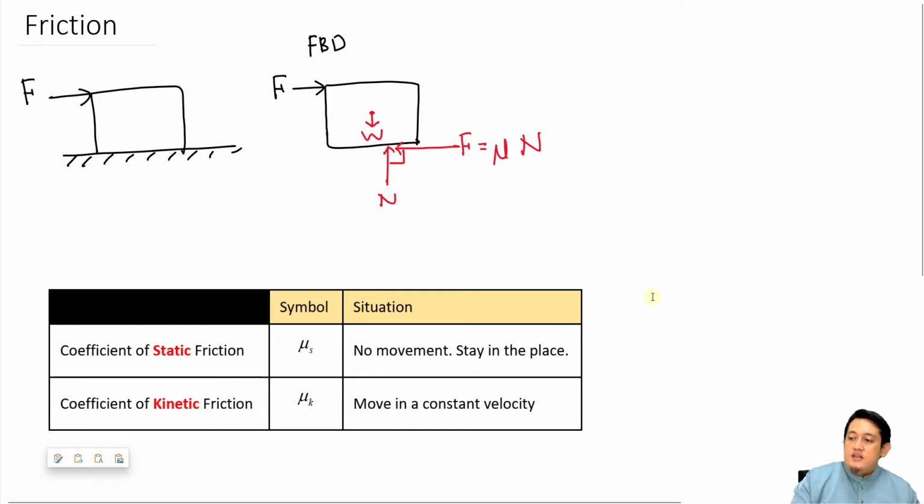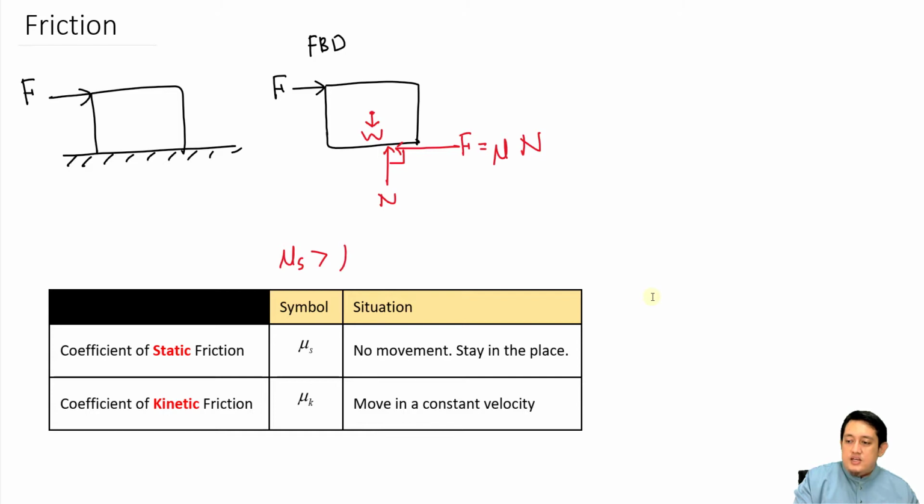And the relation between mu S and mu K is this one: mu S is always larger than mu K.